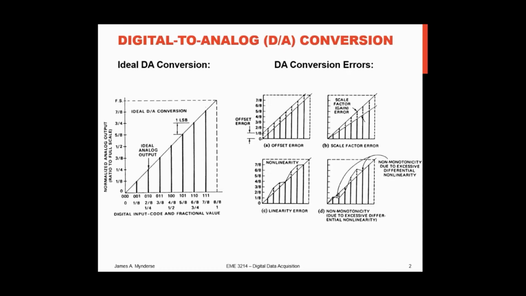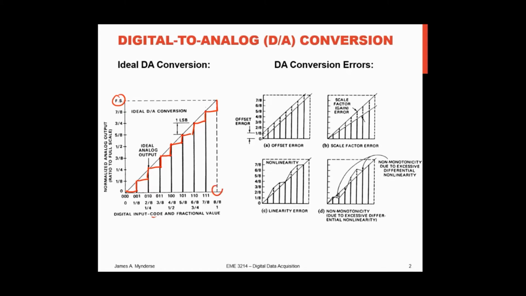So in an ideal digital to analog conversion, I will take my binary number, or code if you want to call it that, and whatever that binary number is, it will correspond to an output that is some fraction of my full scale voltage, okay? So I get an output in steps of the least significant bit, and actually what the real output would look like is more like this, as we go up and up.